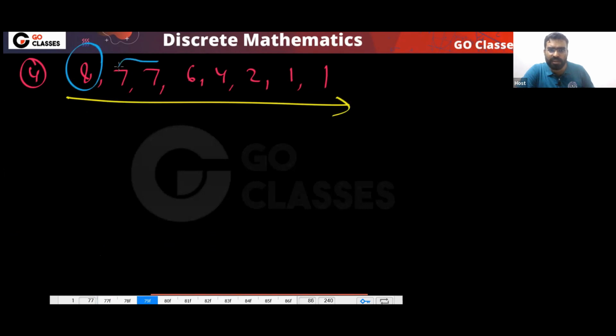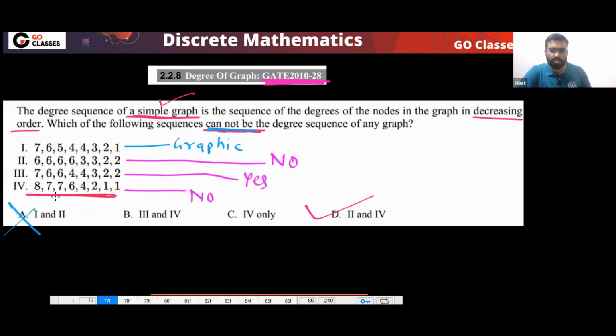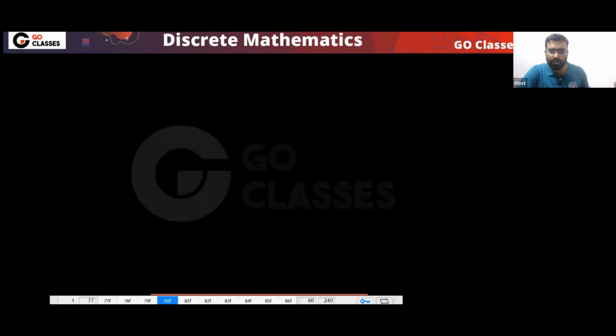From the next 8 vertices, there are no 8 vertices; we don't even have enough vertices. So I can say this sequence is not graphic. This is quite simple, so the answer will be option D.